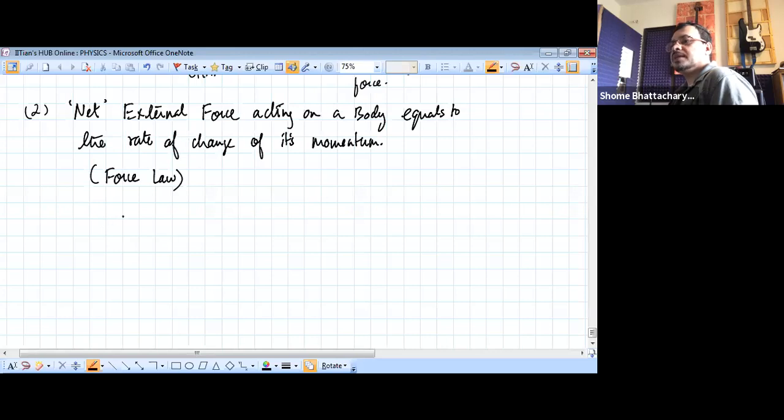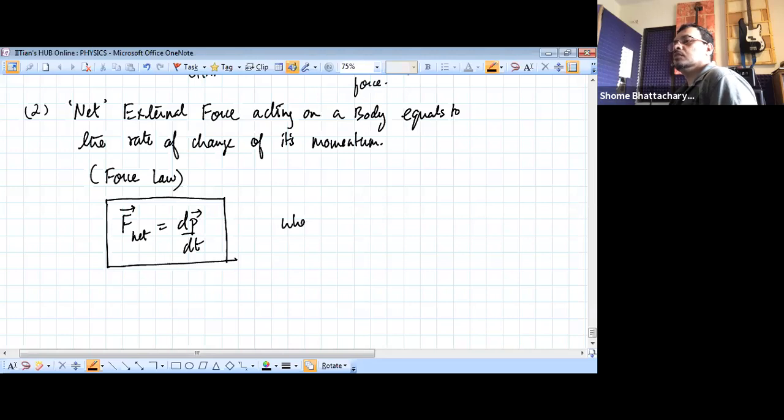So in mathematical form, this is what it says, that the net force is equal to this quantity. I think you have started differentiation in math, so you understand the concept of instantaneous rate of change. Where this symbol stands for the net external force.